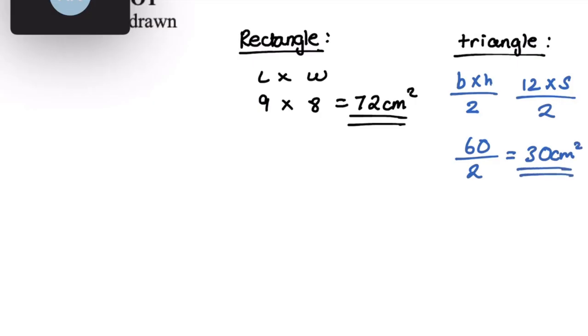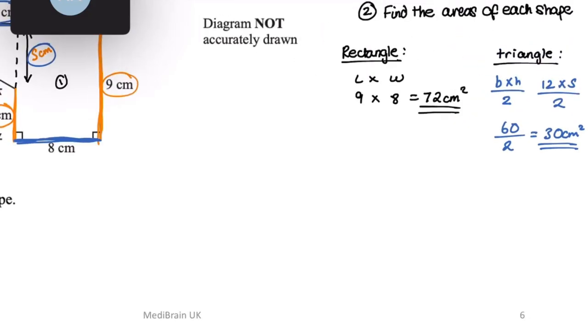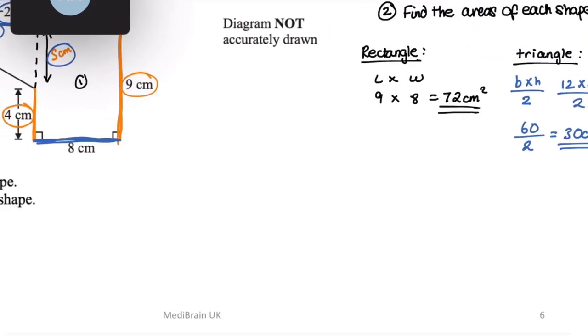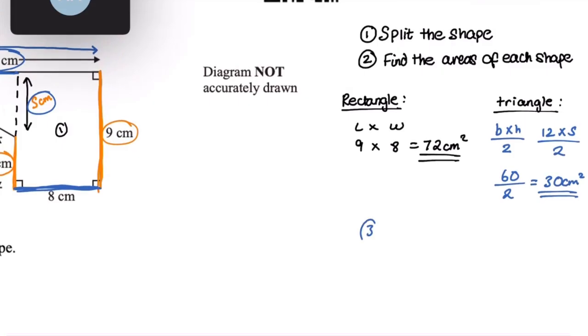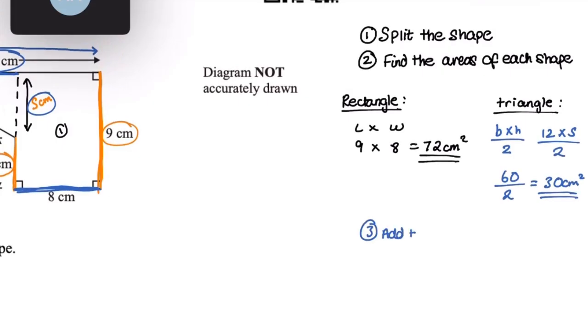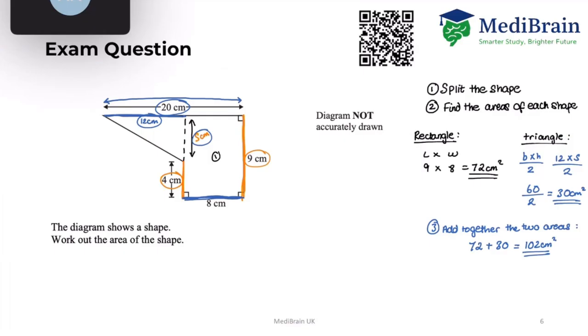Then step 3 is to add together the two areas. So you're going to do 72 add 30, and that's going to give you 102 centimeters squared. That's your final answer: 102 centimeters squared.